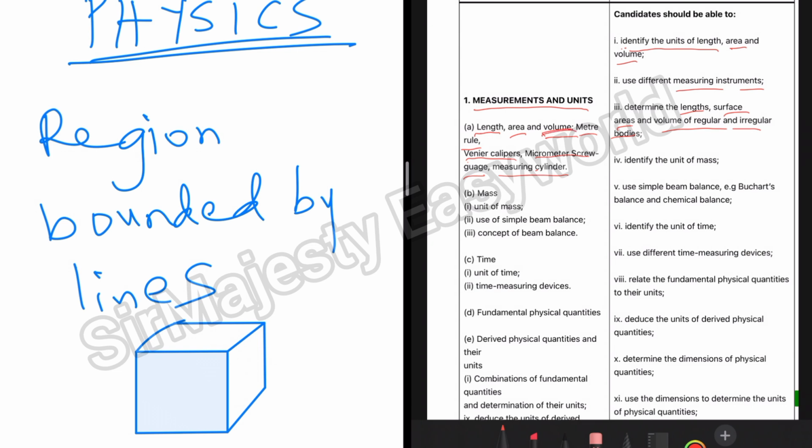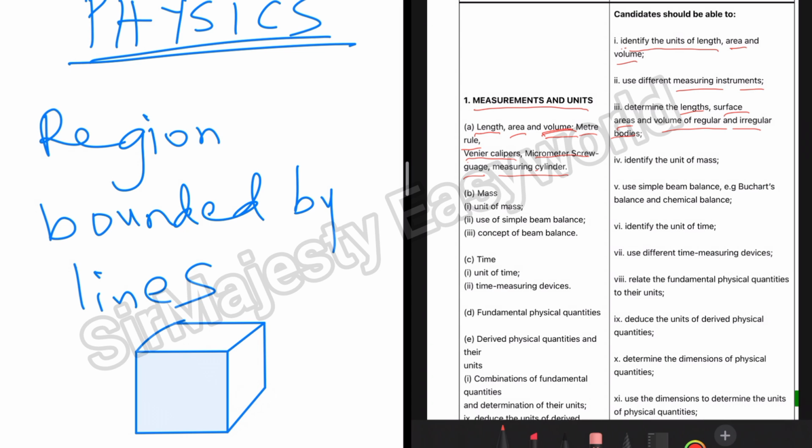Once again, how do I get volume? It boils down to getting this measurement, length, this measurement, height, another length, and this measurement, which is the breadth, another length. Length, breadth, and height. All of them boil down to length. So you find out that measuring volume involves measuring length and then computing it. Okay?